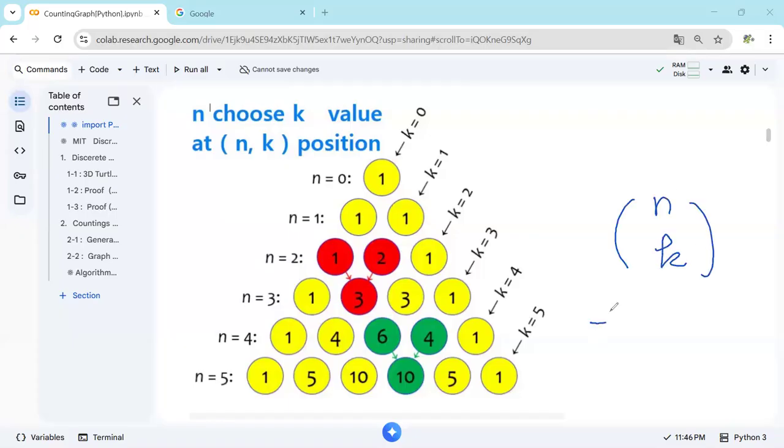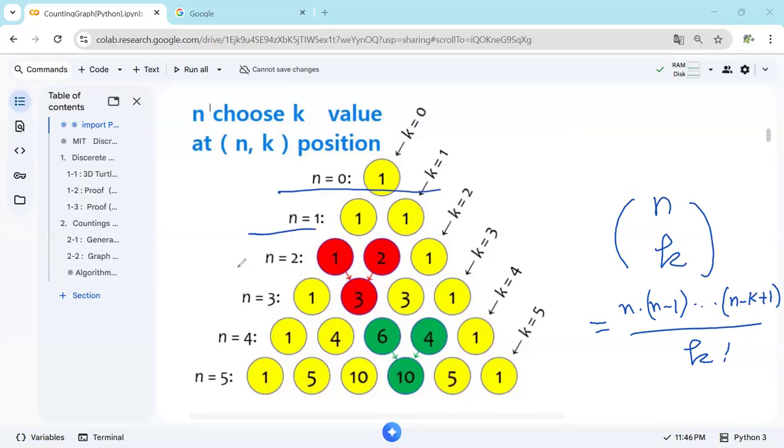As I said before, n choose k is the product of k many values, from n down to n minus k plus 1, divided by k factorial. So let's consider the coordinates for this Pascal triangle. This one is the n coordinate, and this is the k coordinate, like this.